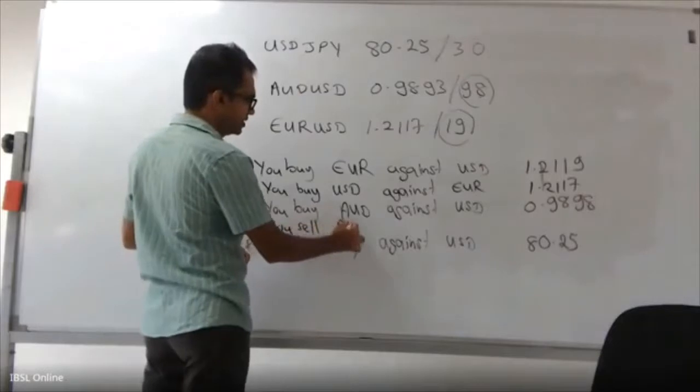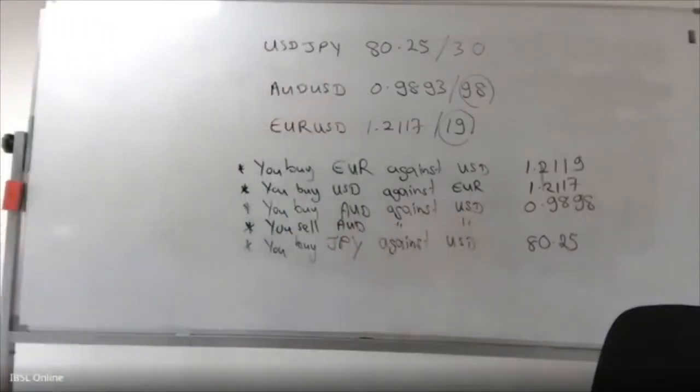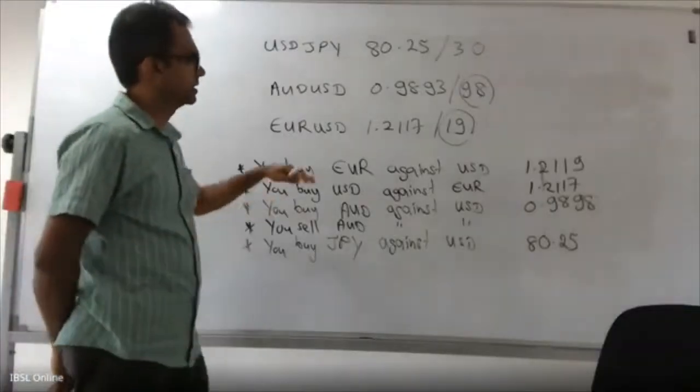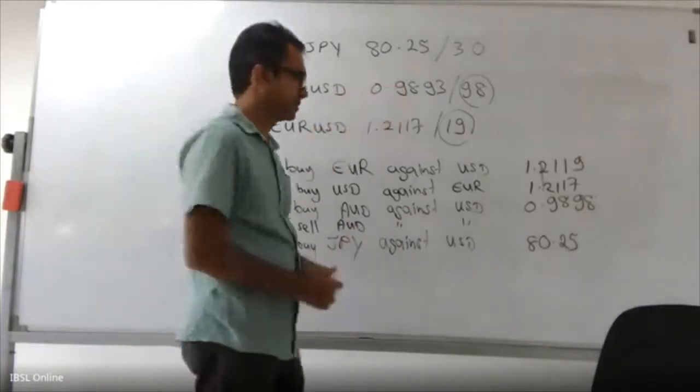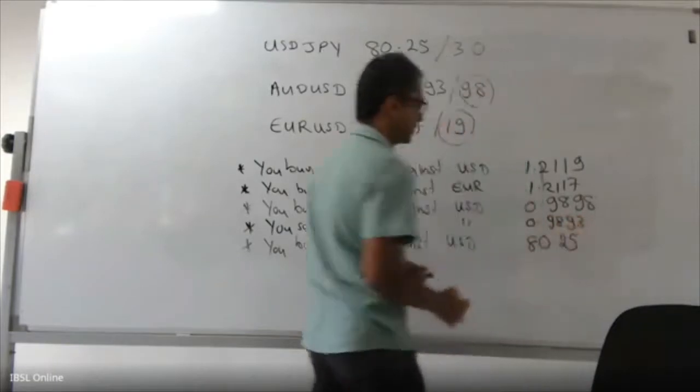You sell AUD against dollar. 0.9893. As a market taker, you have to take the bid.